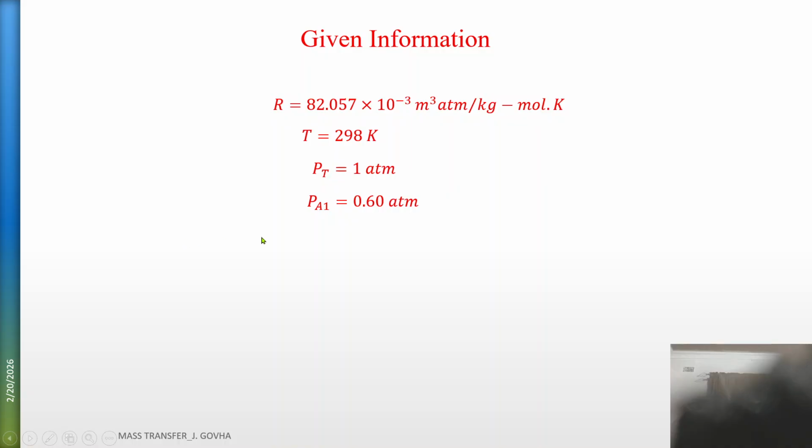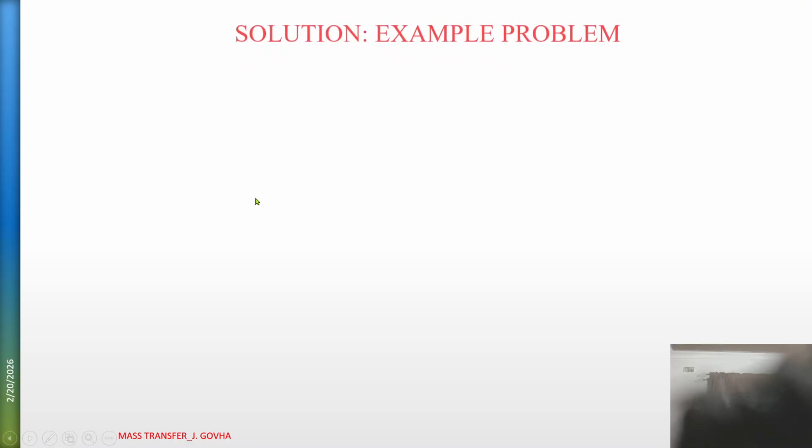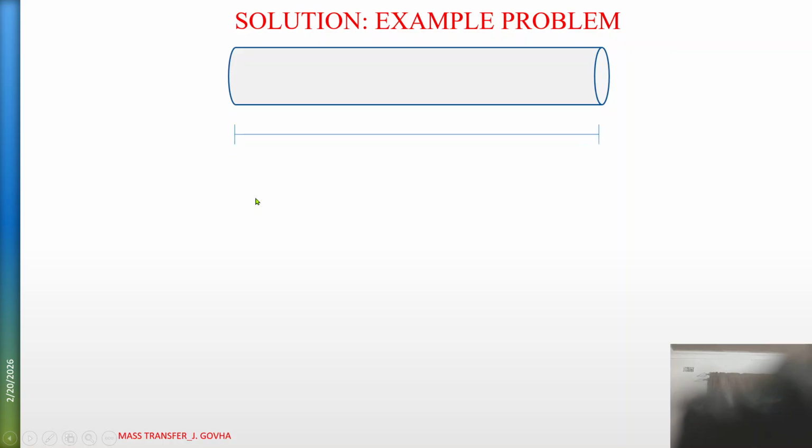So let's extract the information that we have there: our R, the gas constant, the temperature, our total pressure given as 1 atmosphere, partial pressure at point 1, partial pressure at point 2, the given diffusional constant, Z1 at point 1, and Z2 at point 2 there. For the solution, let's make use of a diagram.